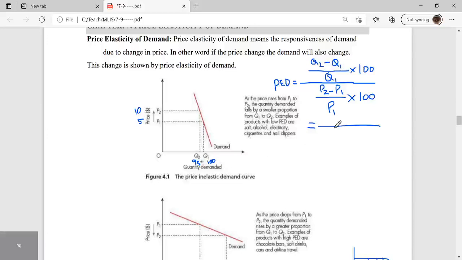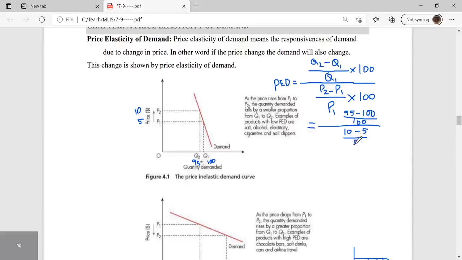So the new quantity is 95 minus 100 divided by 100, and here we have 10 minus 5 divided by 5.